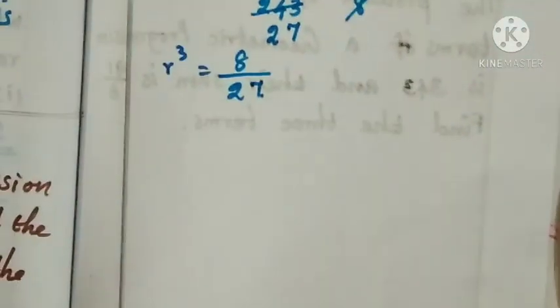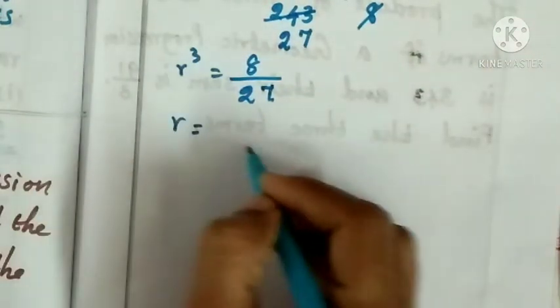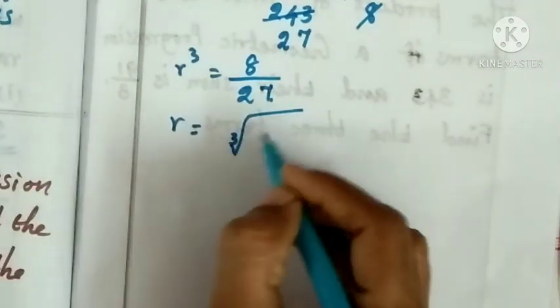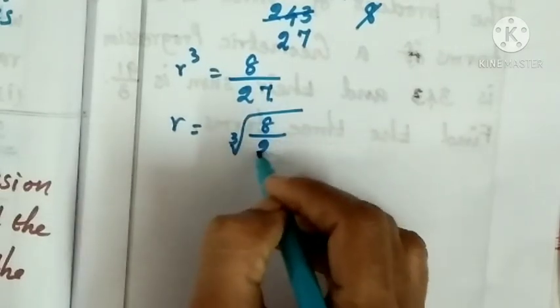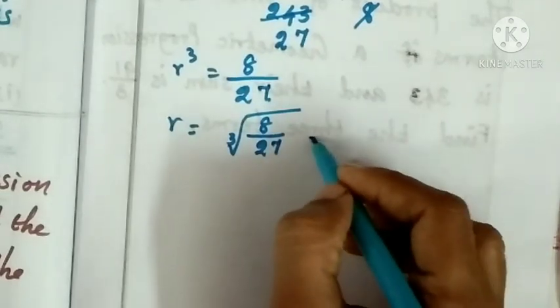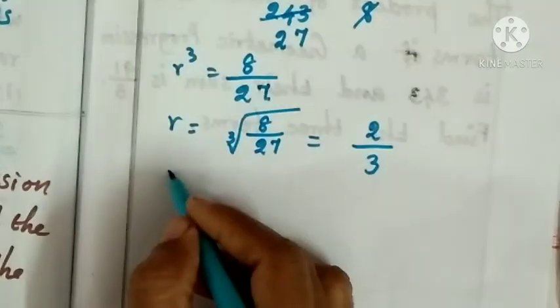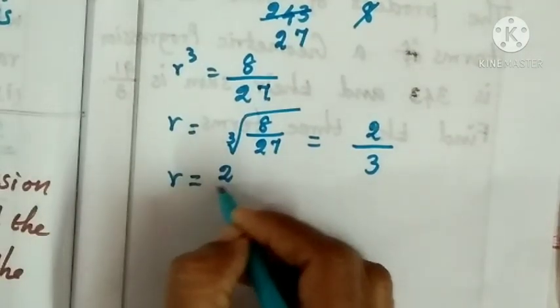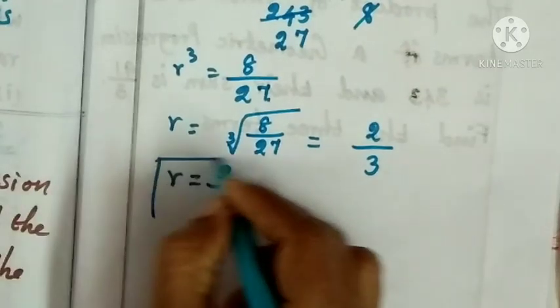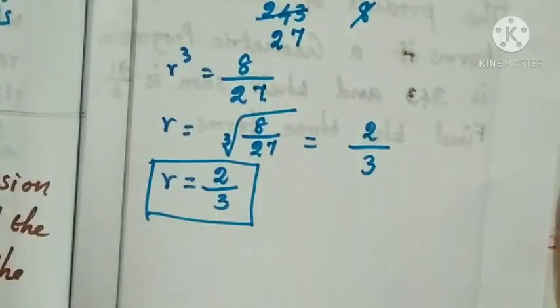That is R is equal to cube root of 8 by 27, which is equal to 2 by 3. Hence the value of R is equal to 2 by 3. That is common ratio 2 by 3.